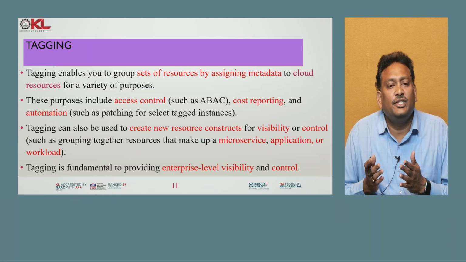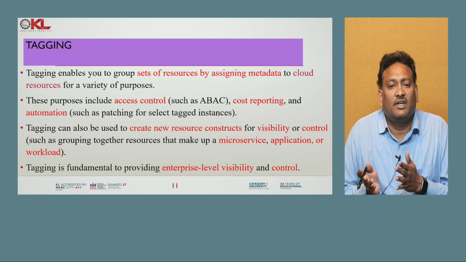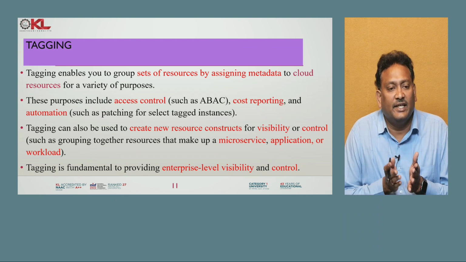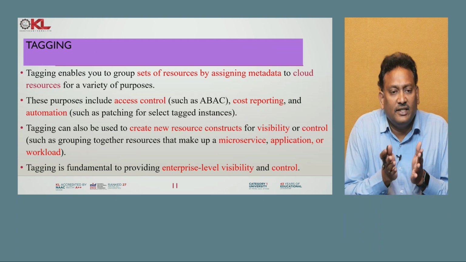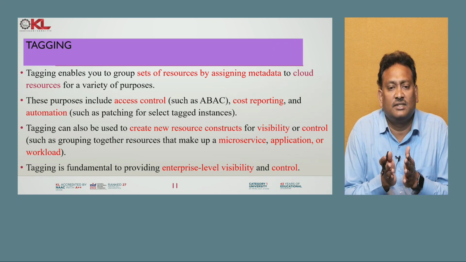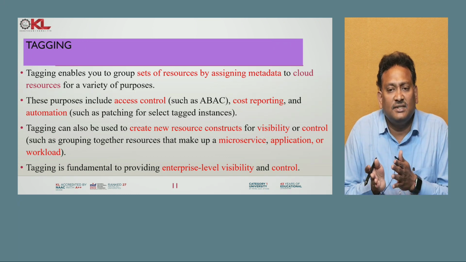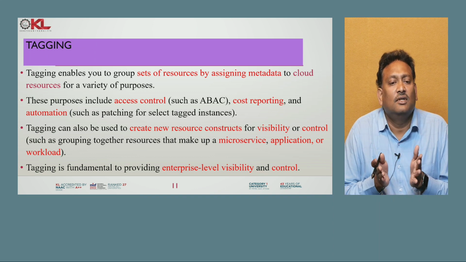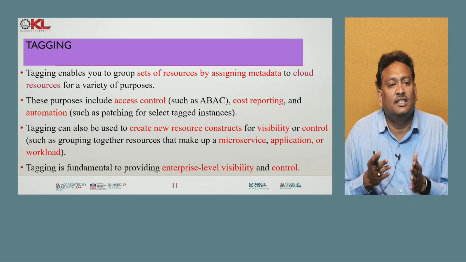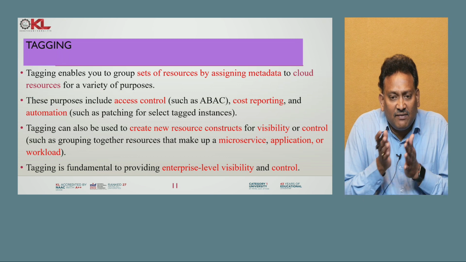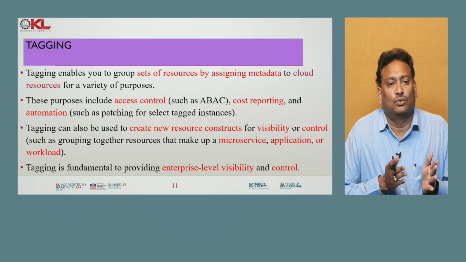So, if you want to create any new resource constructs for visibility or control, we can use tagging, and here grouping together resources that make up a microservice, application or workload. The fundamental definition of tagging is to provide enterprise level visibility and control.